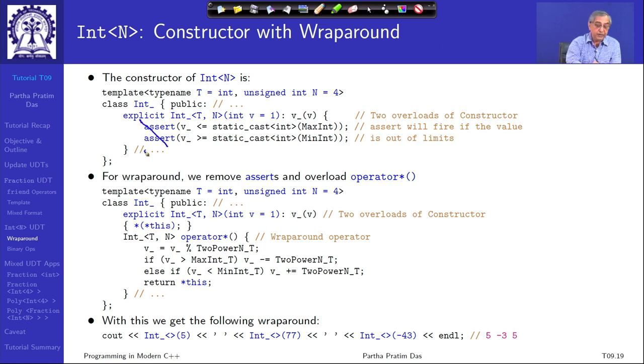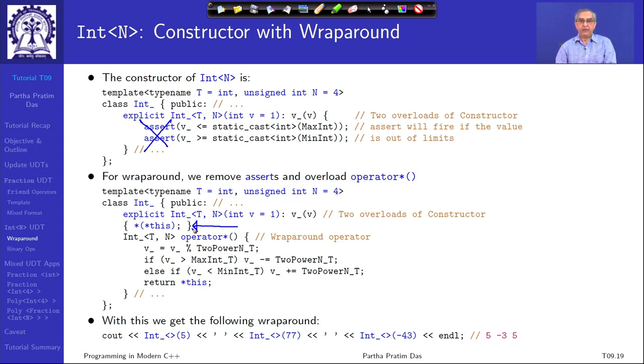We will have to remove these asserts in the constructor and replace it by a kind of wraparound function, like we used operator star, the content access operator, the unary operator star in the fraction class to denote reducing a fraction. So, taking the value properly, finding out the proper value from the given representation, the kind of an access information. So, we are using a similar concept here.